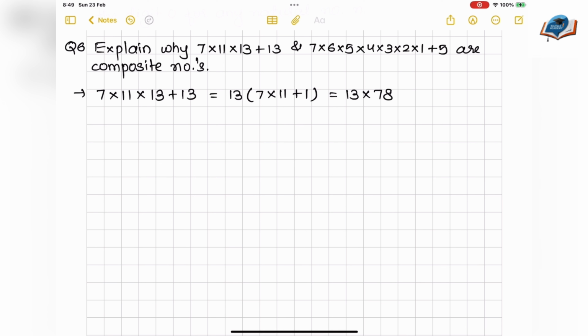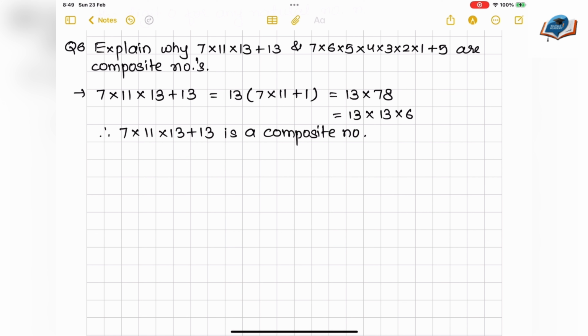Now 78 has more than one factor, so I can show 13 into 6. Therefore 7 into 11 into 13 plus 13 is a composite number.